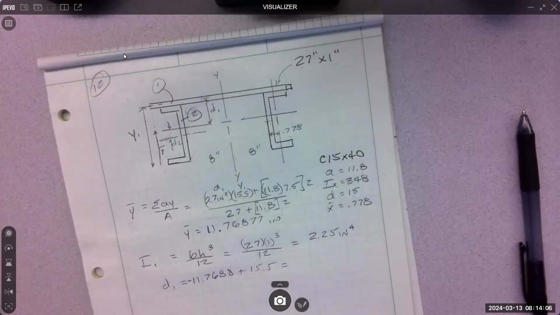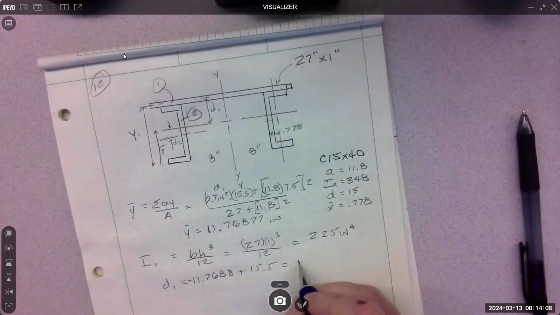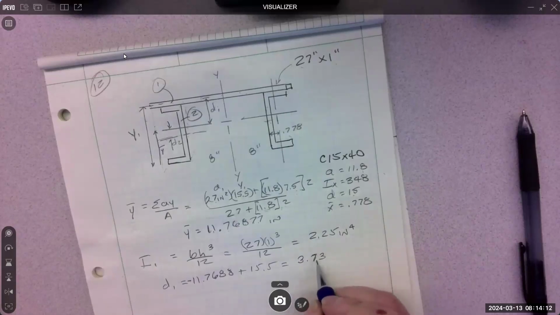What did you get, Jorge? 3.73. Some rounding there, maybe. But anyone else get that? Yeah. Okay.